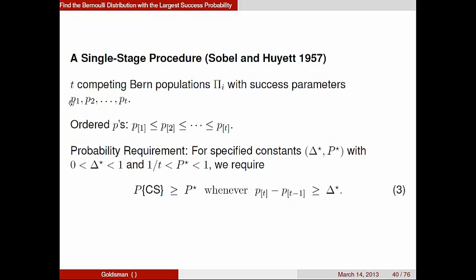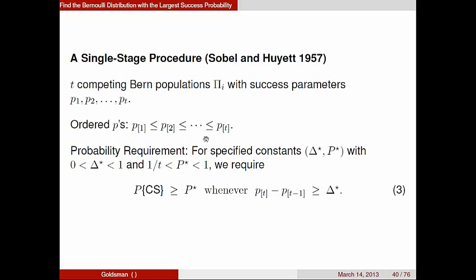I do not know what the P's are, but this is my talk, so I can make whatever notation I want. Whatever these ordered P's are, the little brackets mean this is the order. Whichever Bernoulli I pick, I really want it to be the one with the largest proportion of successes. I don't know which one it is, but I want to pick the one that hopefully gives me that.